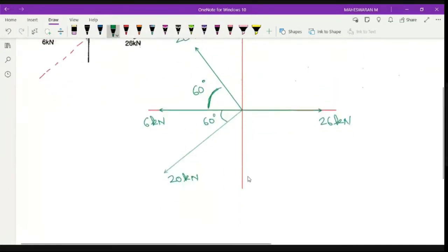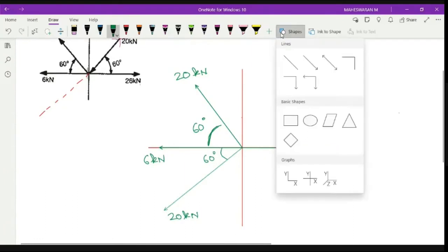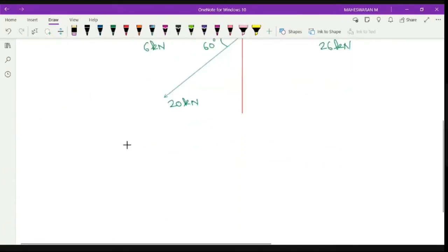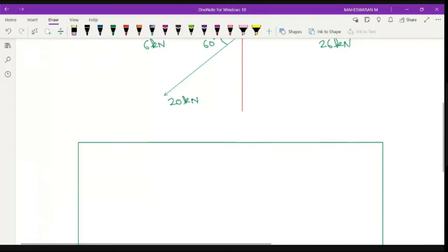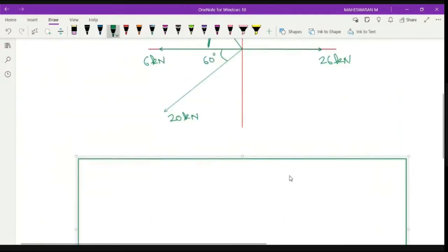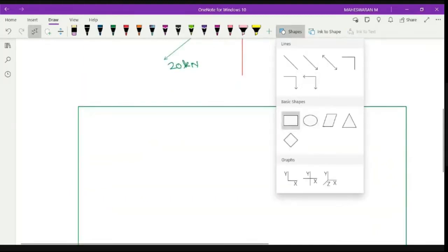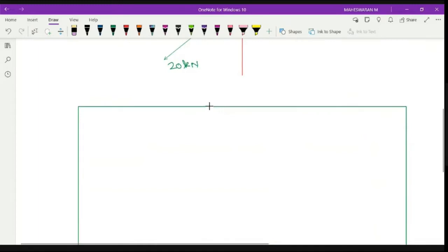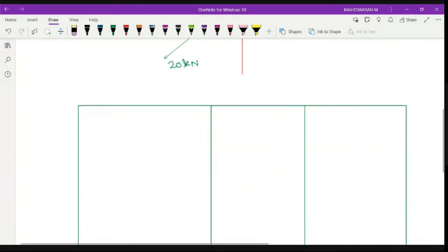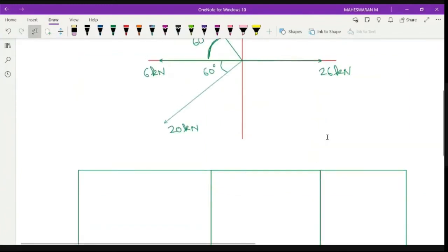Okay. Now we will start with drawing the tabulation. I'll put a table here. This table has 3 columns. What are the things I need?